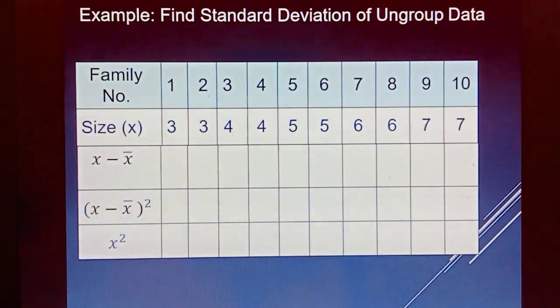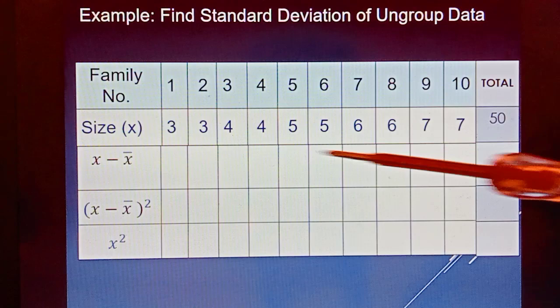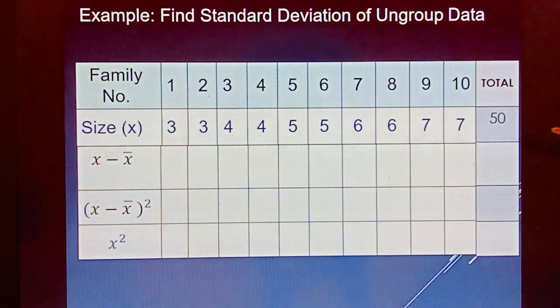So, gawa tayong table. Ito yung row natin. So, x minus x bar. So, we have to compute the mean. Let's compute the total first. We add these numbers, and the total is 50.